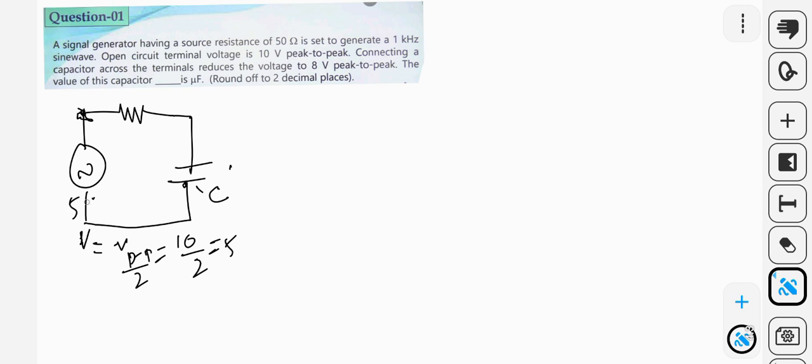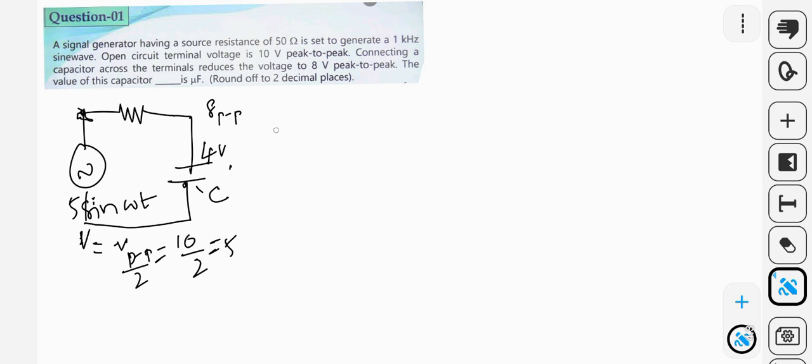So the source voltage is 5 sine omega t, and for the capacitance they gave the voltage as 8 volts peak to peak. So if it is 8 peak to peak, then for just the peak voltage it will be 4 volts.